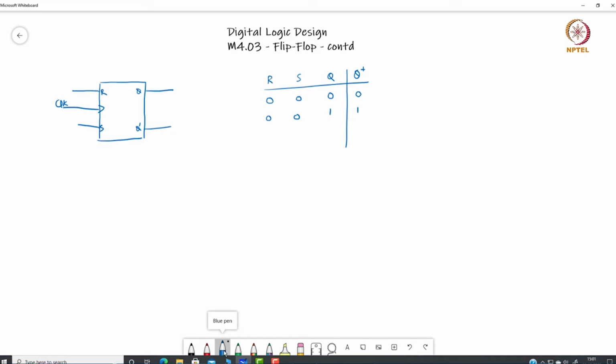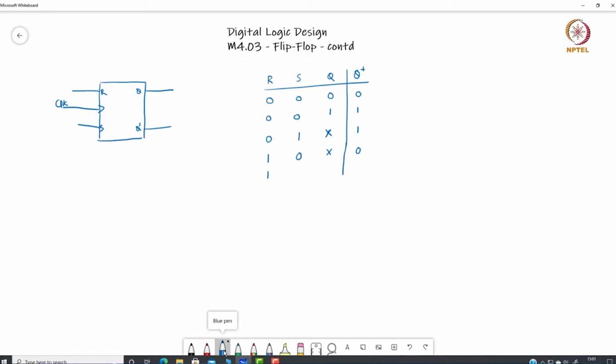However, if R is 0 and S is 1, it does not depend on the previous state, and Q plus is always going to be 1. Similarly, if R is 1 and S is 0, it does not depend on the previous state, and the output is always going to be 0.